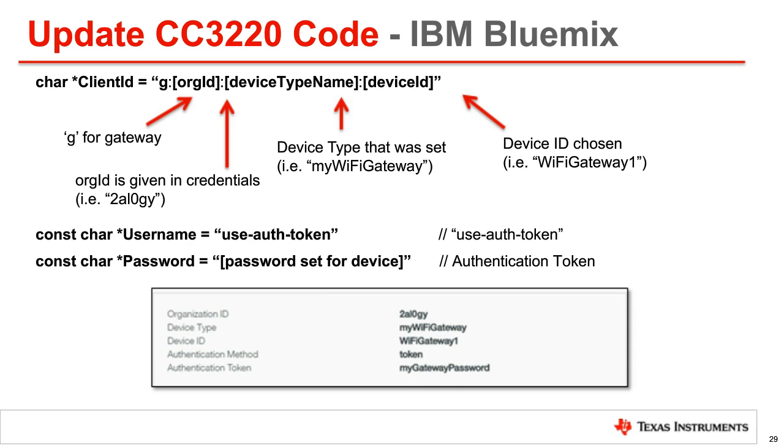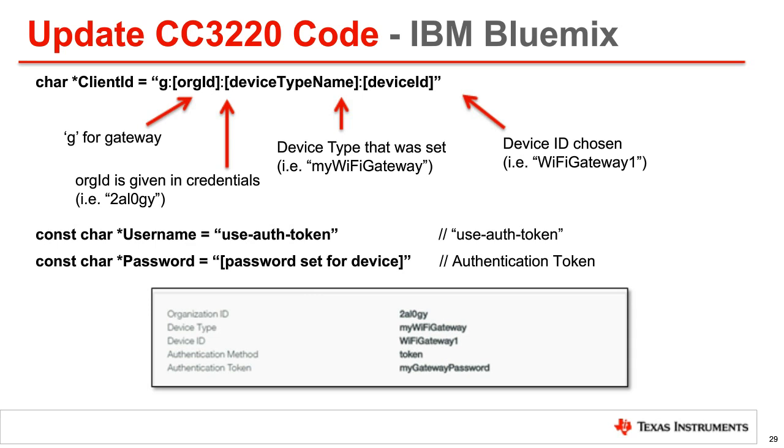And then we'll update the username and password that this client uses to authenticate with our MQTT broker. The first will just be a constant string that says use-auth-token, and that tells the server that we're going to use a password or authentication token to authenticate. And then the password will be the authentication token that we set when we set up the device. Here it's my gateway password.